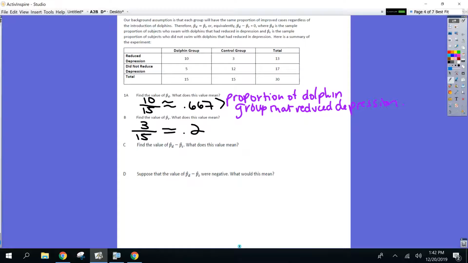Yep. And again, what does this mean? This is the proportion of the control group that reduced depression.